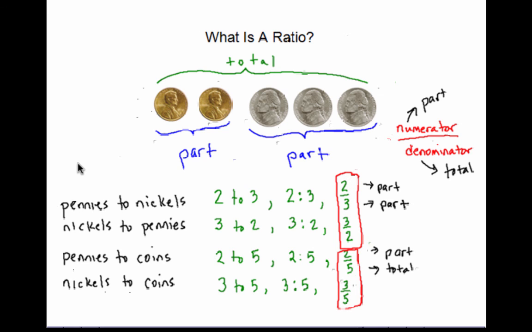What we can say is that pennies are 2/3 of the number of nickels. And we can say that the number of nickels is 3/2 the number of pennies. So when you're working with part-to-part ratios in fraction form, it's important that you understand exactly what that fraction means.